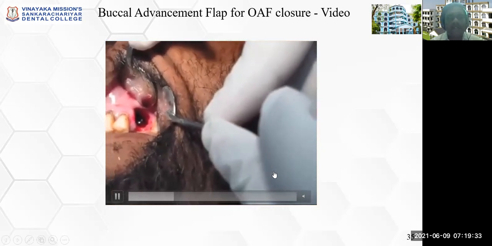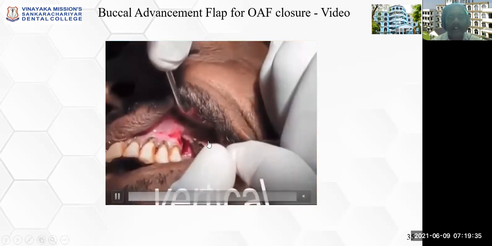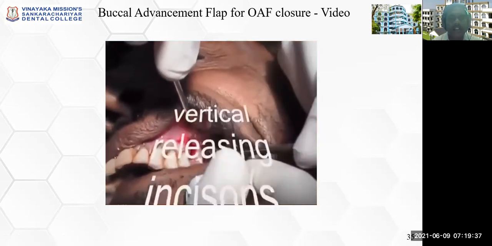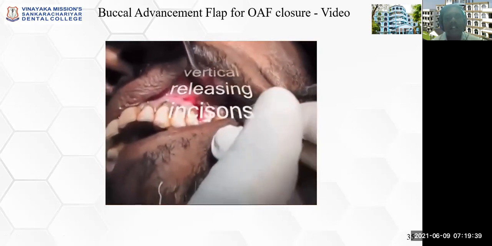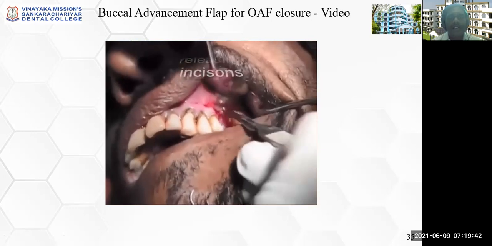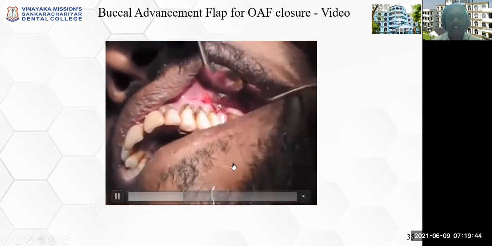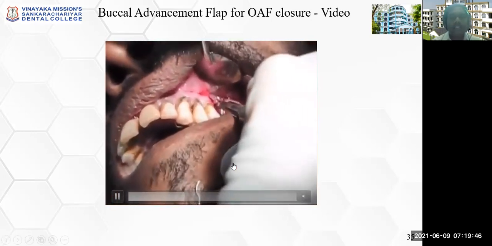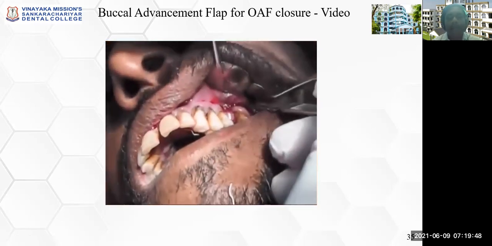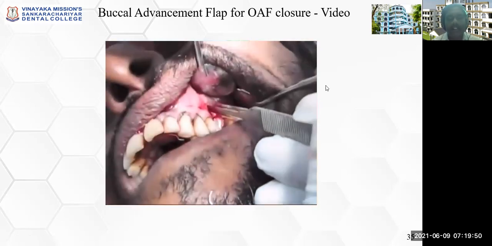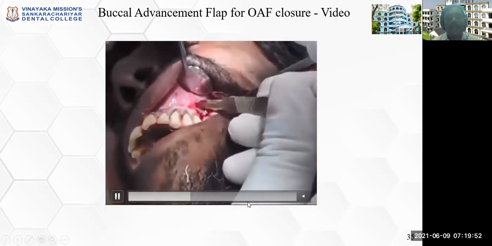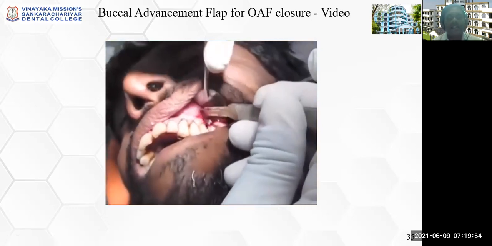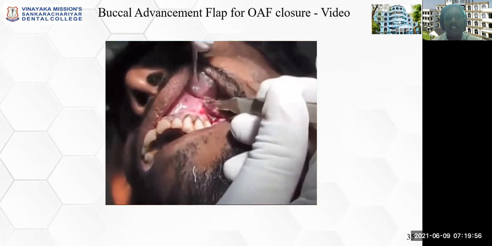And you can see the freshened fistula there, and the vertical releasing incisions are being given on both the sides using the BP blade number 15. Both the sides of fistula, you can see the vertical release incision have been given.